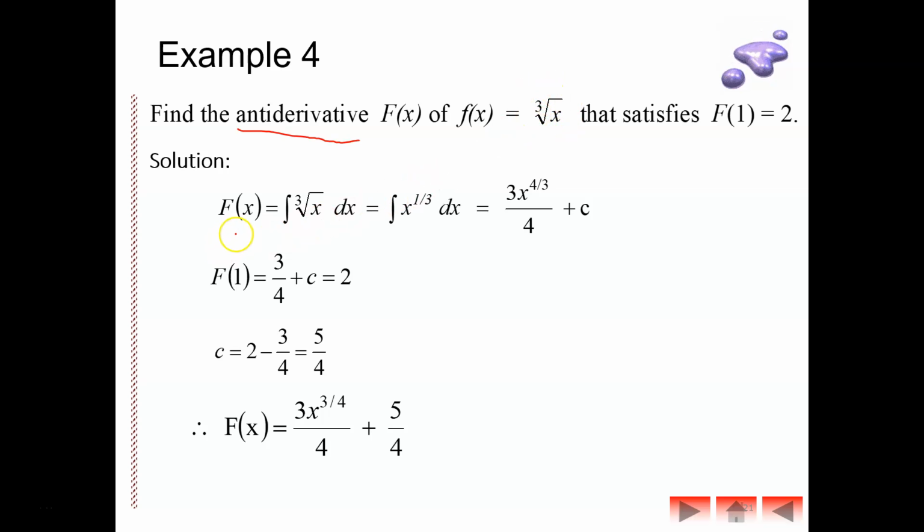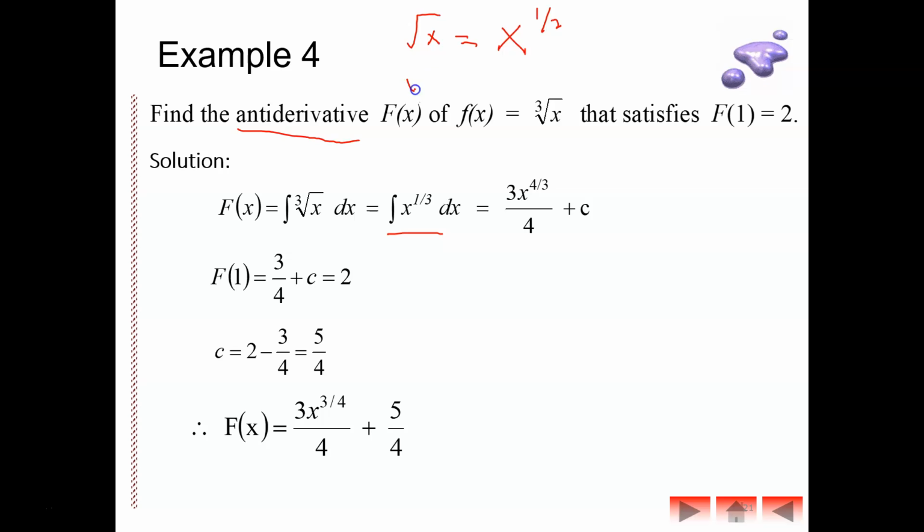Okay, first, you have f(x) equal to the integration of this part, dx, which you can write again in this form. Since it has the cube root, you have x to the power of 1 over 3. Remember just now, when we have the square root of x, you will have x to the power of 1 over 2.